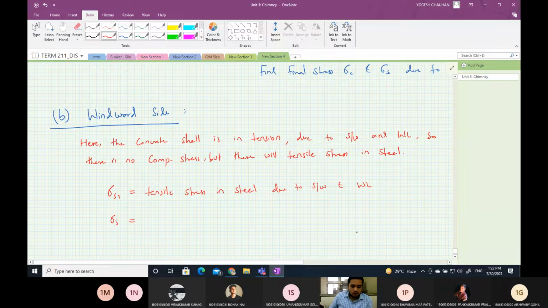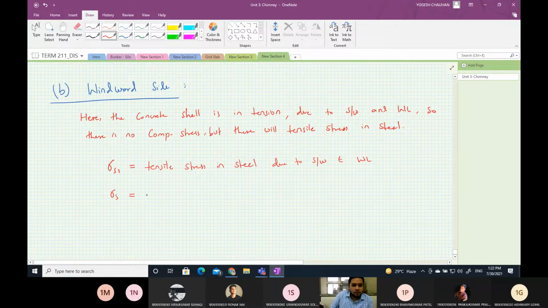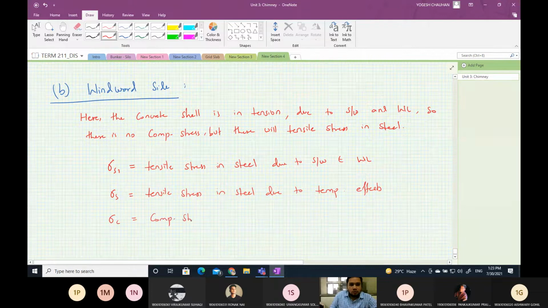Sigma s and sigma c are the same as earlier: sigma s is the tensile stress in steel due to temperature effect, and sigma c is the compressive stress in the concrete shell due to temperature effects.